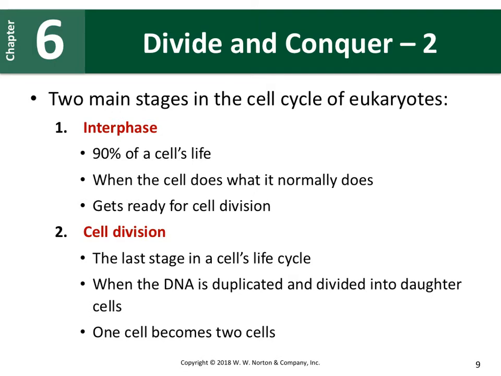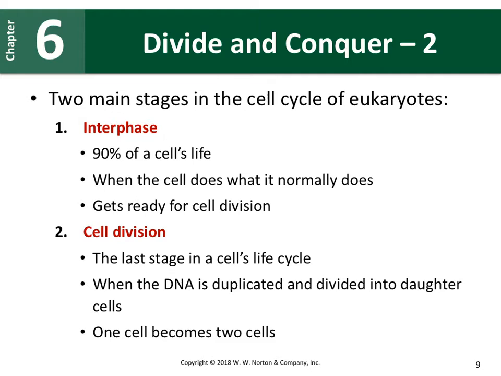In cell replication, cells have a life cycle in eukaryotes. For the most part, they stay in one part of that life cycle for most of their lives, doing what that cell does.